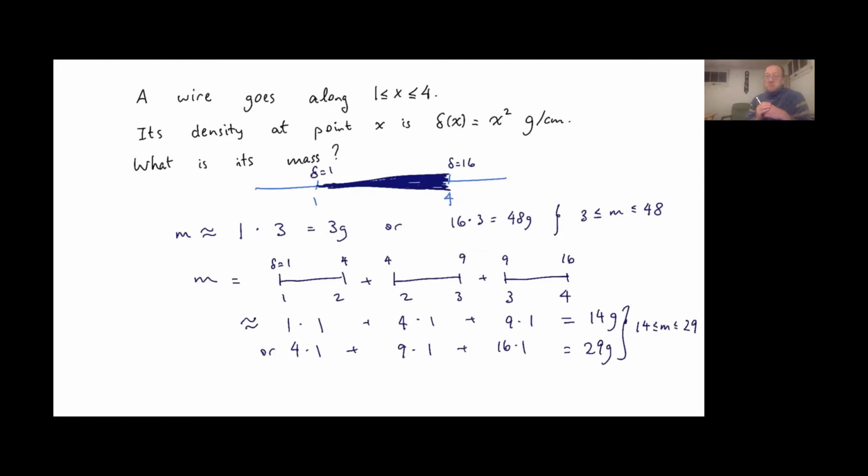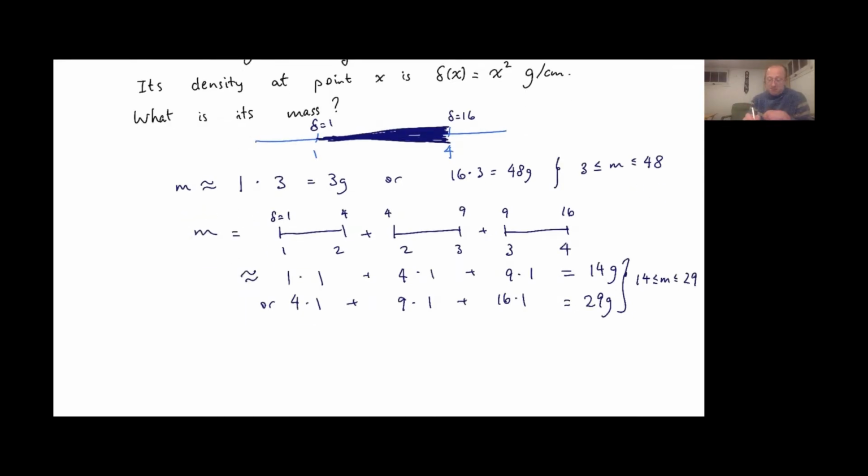We could keep going. This first piece of wire, parts of it have density close to 1, parts of it have density close to 4. Why should we call it all 1 or all 4? Why don't we cut it in 2? So cut that wire into two and cut the next wire into two, and cut the next wire into two.